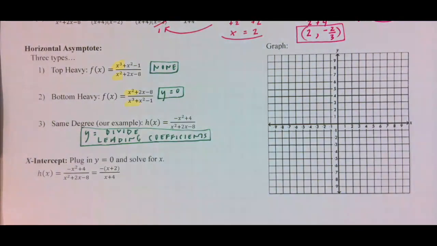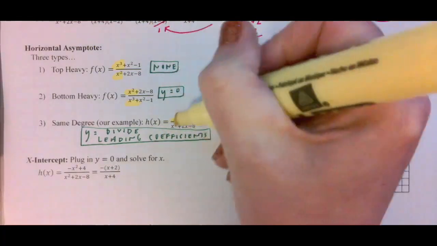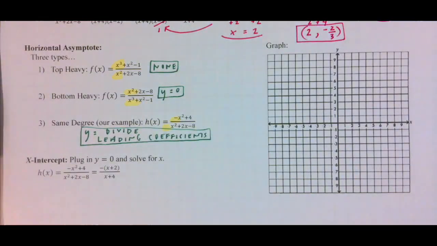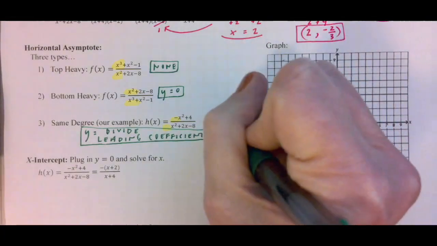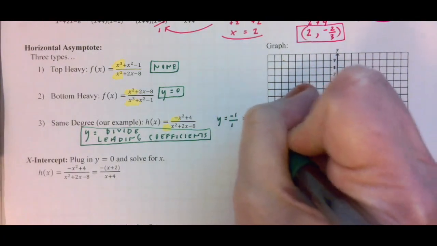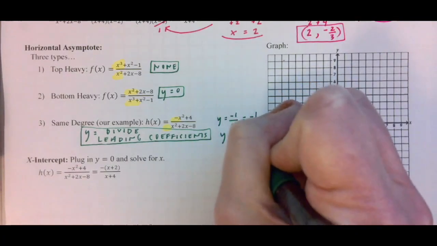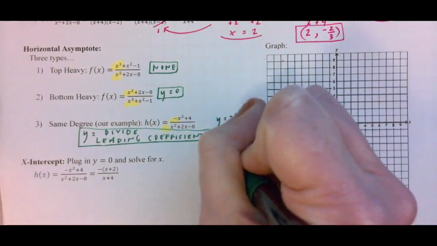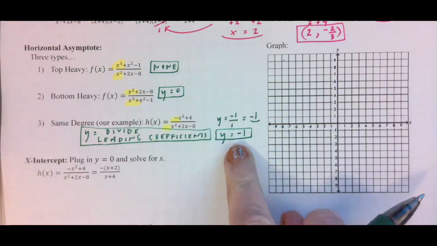Okay, so in our example, I'm looking at that -1 over 1. So y equals -1 over 1, which is -1. Y equals -1. That's what it's going to be for our problem.